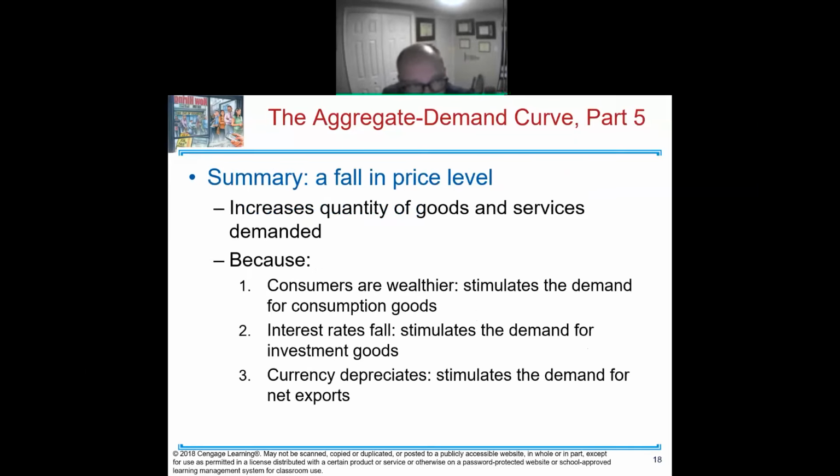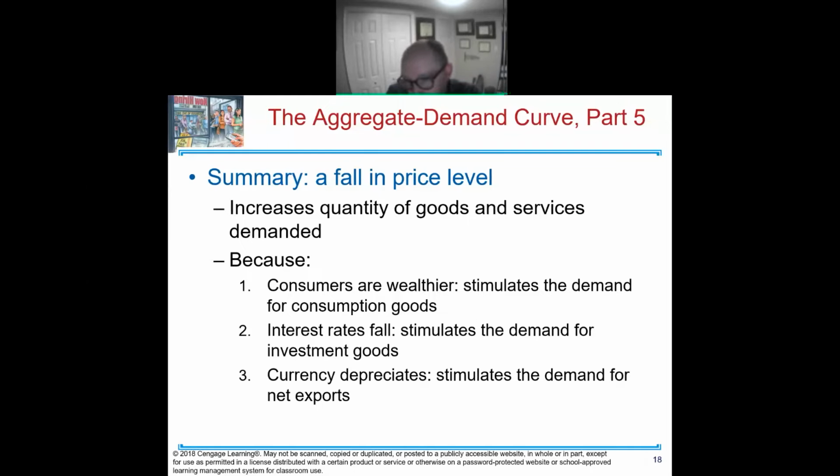So in summary, when the price goes down, it typically will increase the quantity of goods and services demanded. That makes perfect sense because anytime a price goes down, people buy more of it. Typically, right? It's like you go to the grocery store, you realize that oranges are 50 cents a piece, so you'll only buy 2 of them.